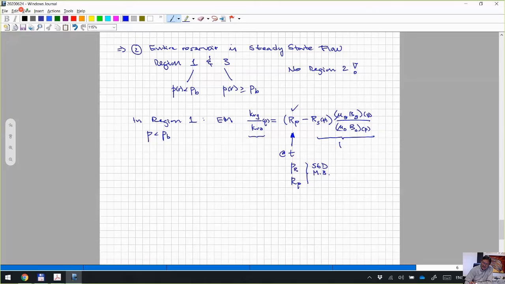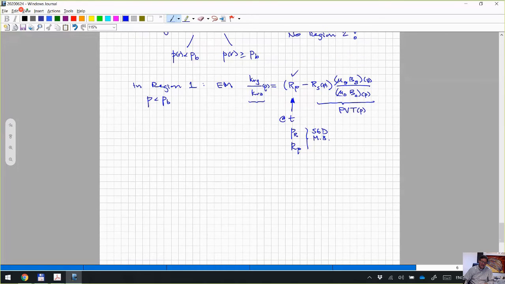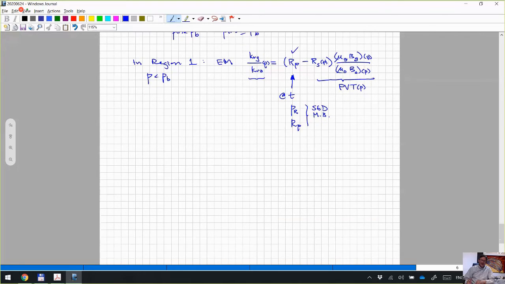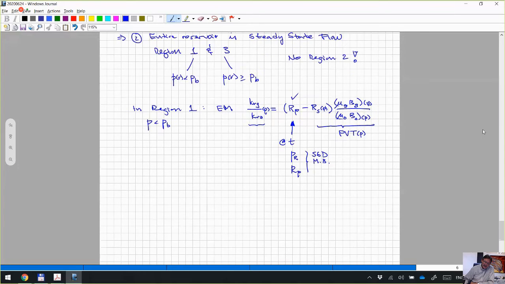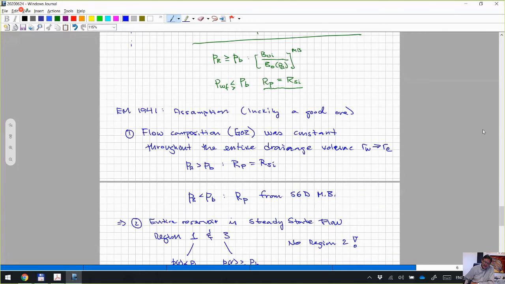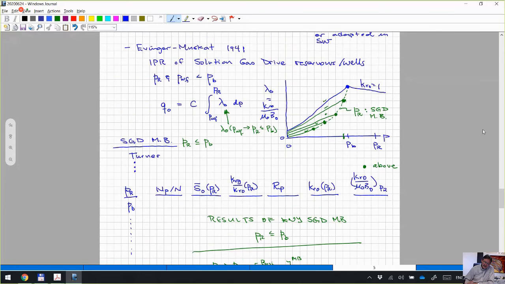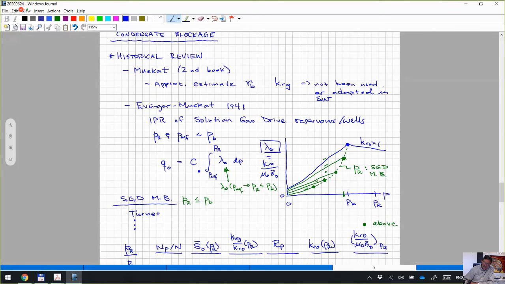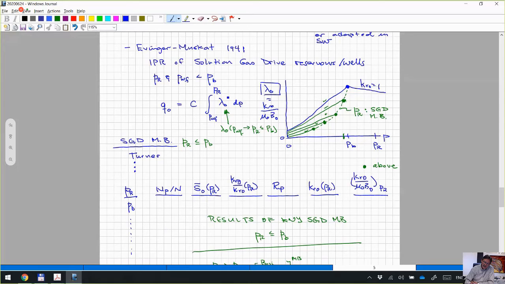Pure PVT properties, which are a function of pressure. But what we need to get the rate equation, to get the lambda, to find the oil rate, we need the mobility as a function of pressure.